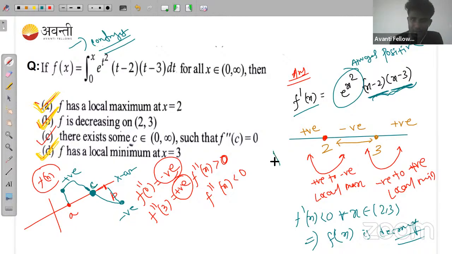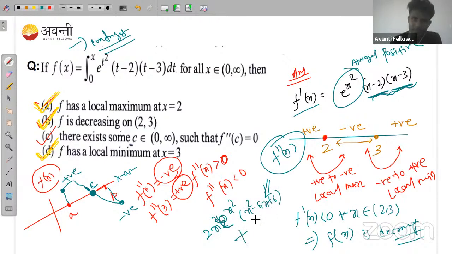So this f double dash is our new function. Think about this. We found f double dash x, क्या मिला था, हमें मिला था कि 2x e to the power x square into x minus x square minus 5x plus c plus ये आ जाएगा e to the power x square into 2x minus 5. ये हमारा f double dash x.